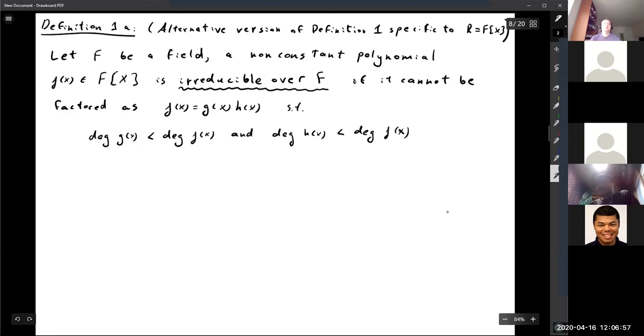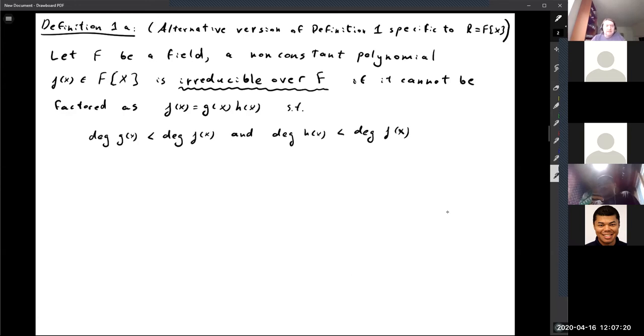So we say that the polynomial is irreducible if we cannot factor it as a product of two polynomials of strictly smaller degrees. And as you might see, this is just a particular case of our definition 1 for the ring of polynomials over a field.